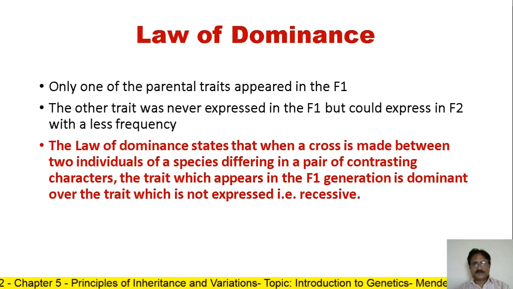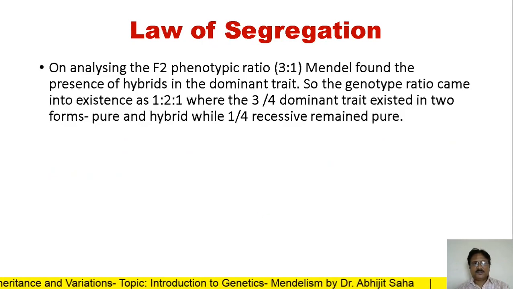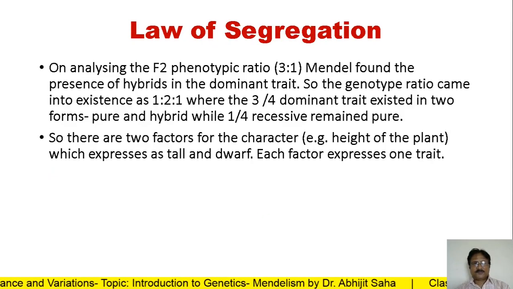So this law states that when a cross is made between two individuals of a species differing in one pair of contrasting characters, the trait which appears in the F1 is the dominant trait, while the one which is not expressed is the recessive trait. The law of segregation states that where there are two factors for the character, each factor expresses one trait.